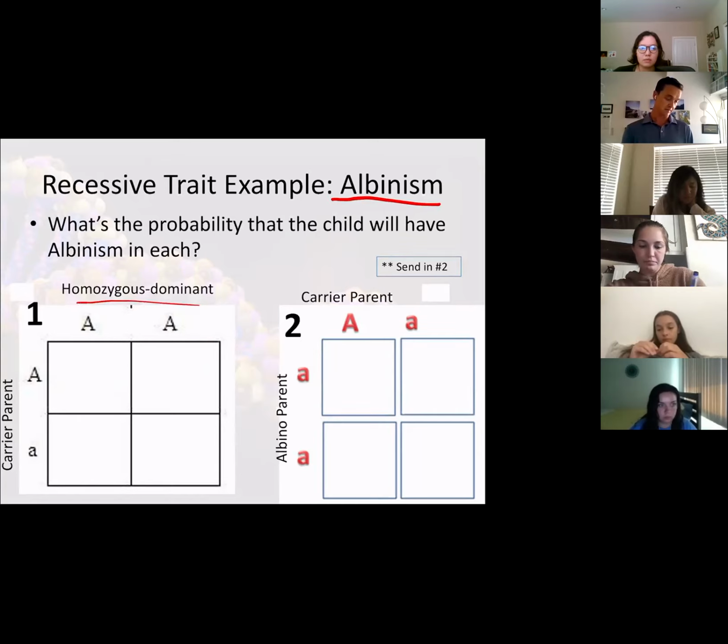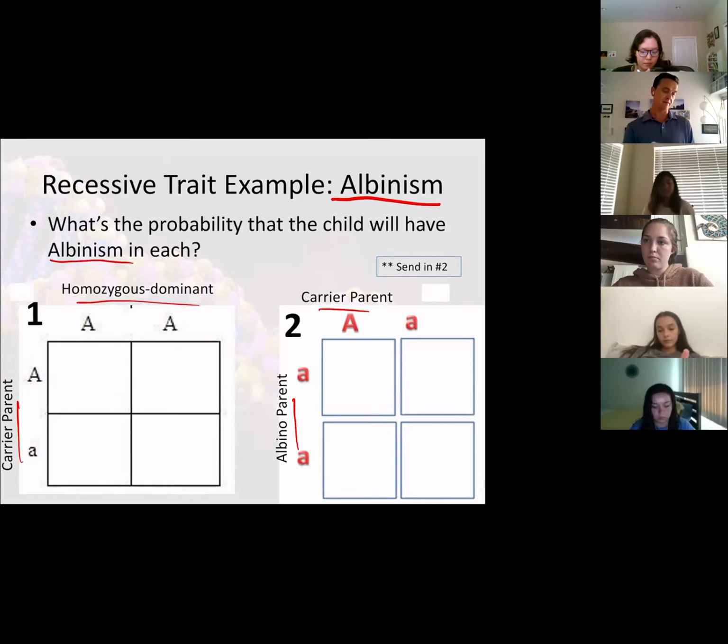So the homozygous dominant with a carrier parent, and then a carrier parent with a parent with albinism, okay? So same idea here, fill this in, go ahead and send in the second one again. So what's the probability that the child will have albinism in each?